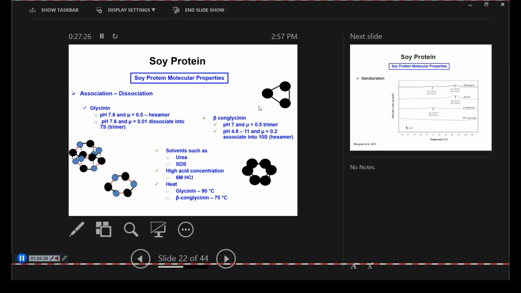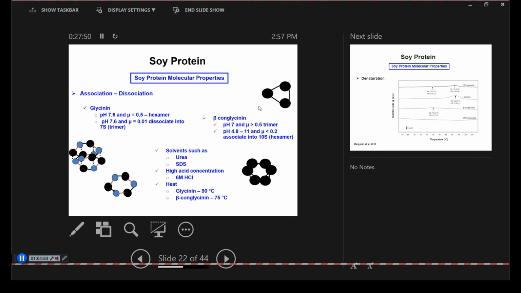Then we have the trimer. And then solvents such as urea and SDS can break further bonding. High acid conditions can also result in dissociation. And then the denaturation.